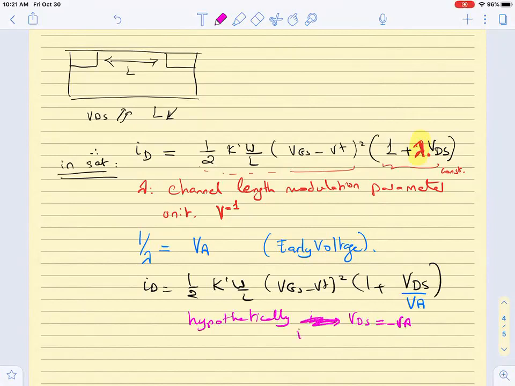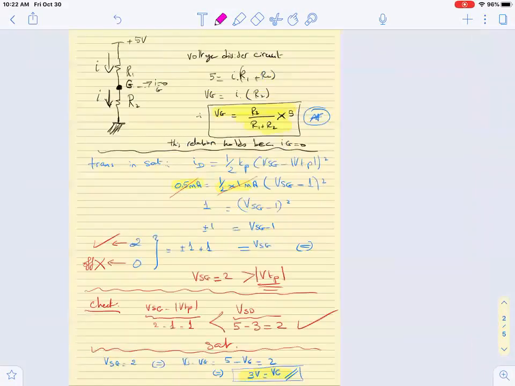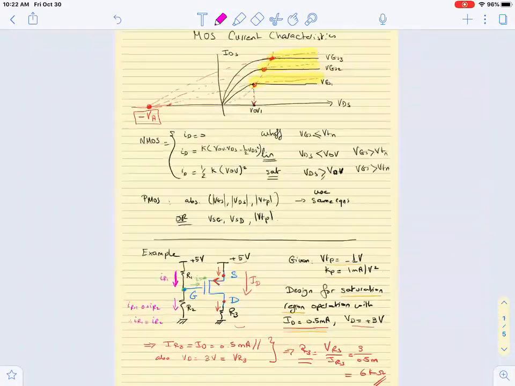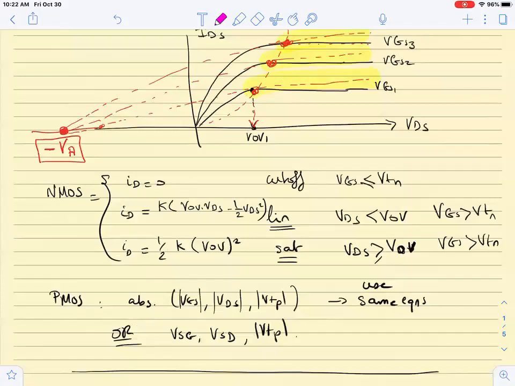ID is going to be equal to 0 when VDS is equal to minus VA, and this is independent of what VGS I'm operating at. وهيدا هو ال early voltage اللي حكينا عنه بالصورة هون، إنه هيدول كلهم عندهم إذا بنرجع على الانترسكشن مع الإكس أكسس بيلتقوا على نقطة واحدة.